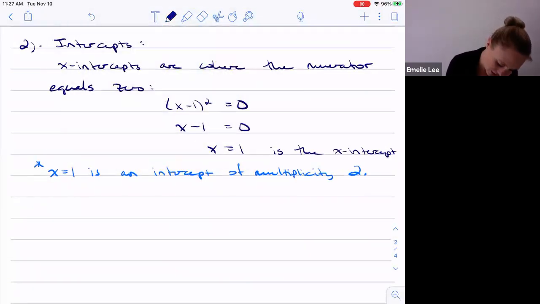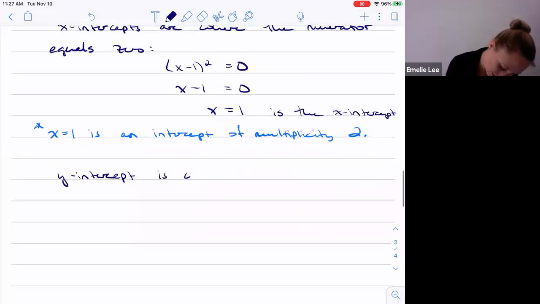For the y-intercept, it's a little bit easier. The y-intercept is where x is 0.